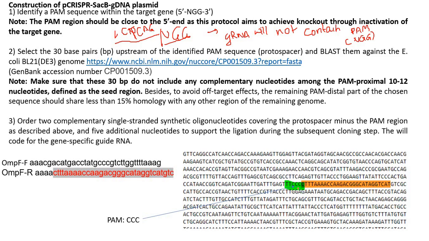When there is CC, you need to count the base pairs from this sequence, and that is going to be your protospacer, because PAM is the protospacer adjacent motif, the motif that is adjacent to the protospacer. So this whole sequence starting from C is the protospacer, and this triple C is your PAM sequence.